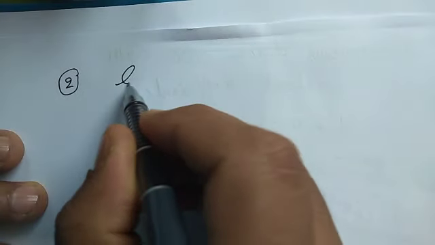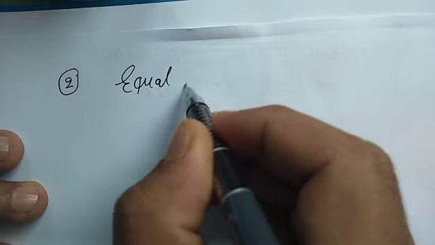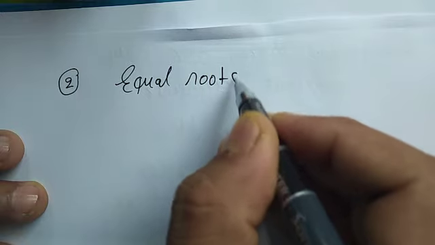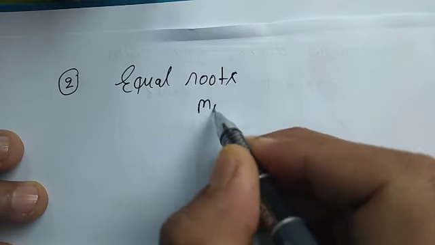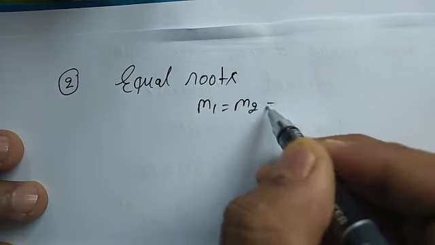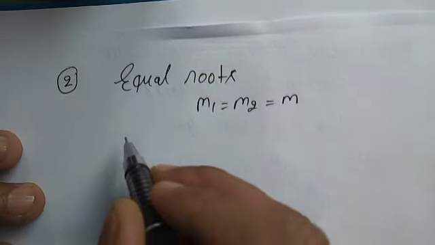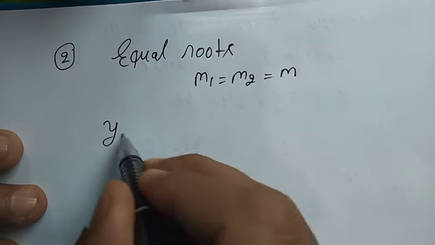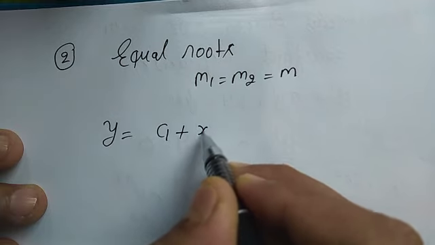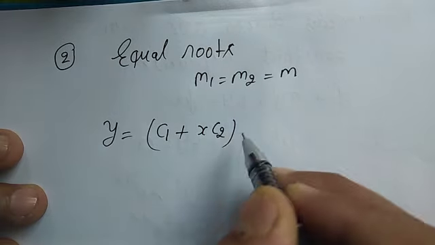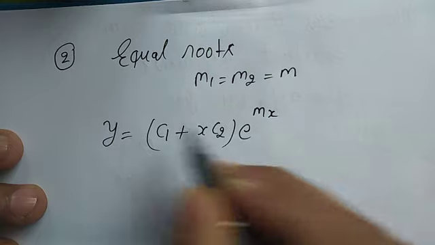Let us have the second case, equal roots. So m1 equal to m2 equal to m. So y will be (c1 plus x c2) e power m1x.